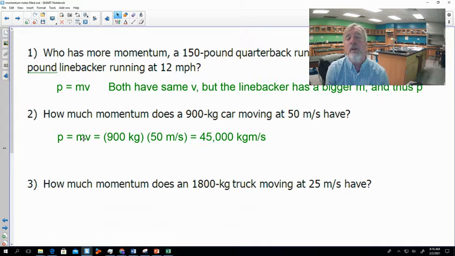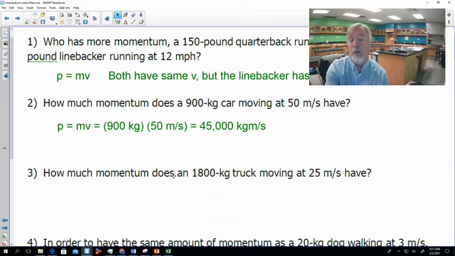We don't have a special unit for momentum like we did for force. Force we measured in newtons, and if we broke that newton down into its base units, it was kilogram meters per second squared. We just don't have that same corresponding unit for momentum. So we're just going to use our base units, kilogram meters per second, when we're talking about momentum.